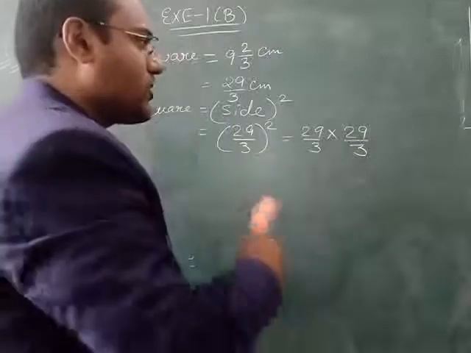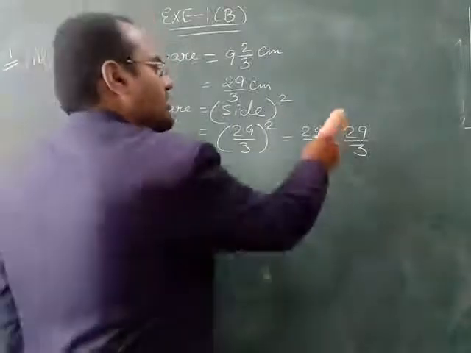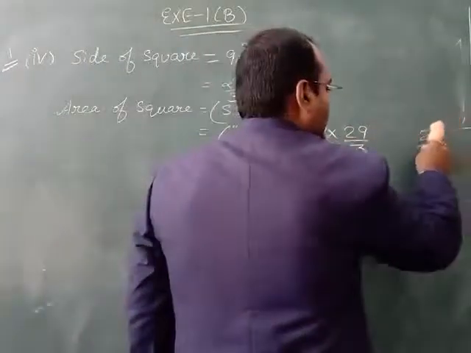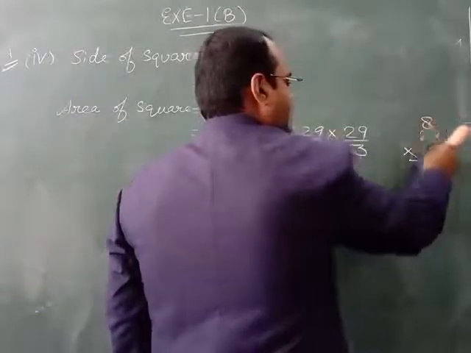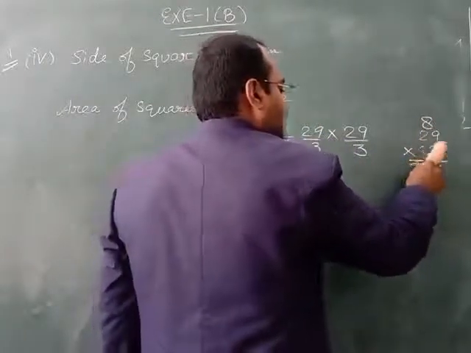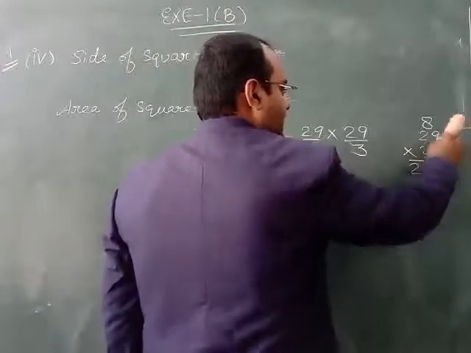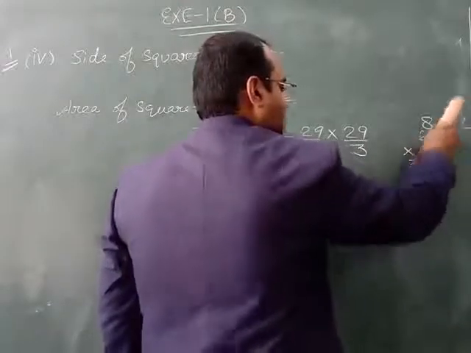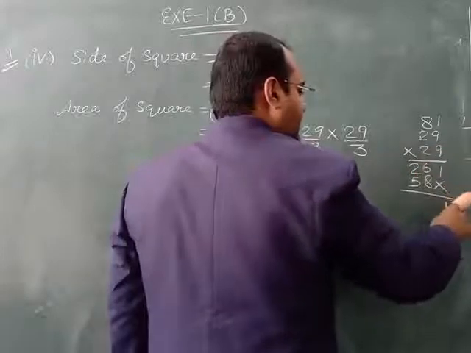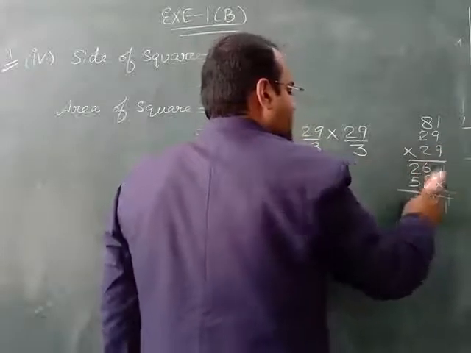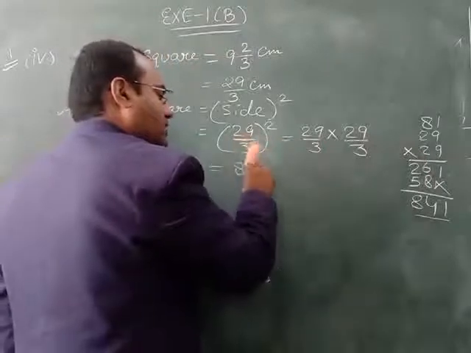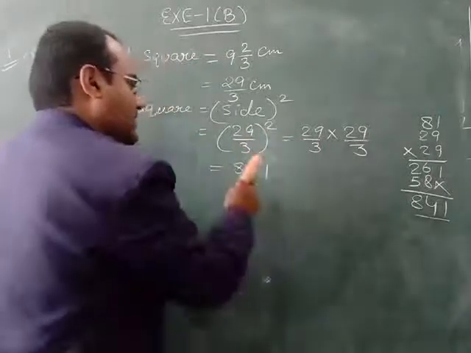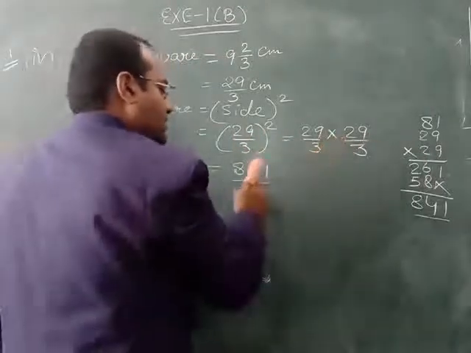So we have to multiply the numerators. 29 multiply 29: 9 nines are 81, 9 twos are 18, 18 plus 8 is 26, 9 twos are 18, 2 twos are 4 and 1, 5. On adding them we will get 841. So here we will write 841 in the numerator, and in the denominator 3 into 3 will be 9.